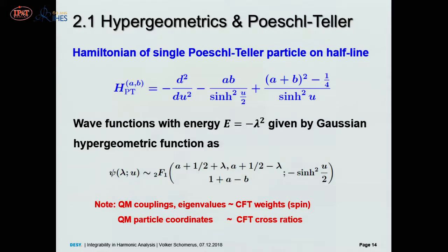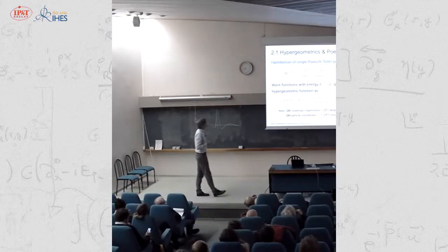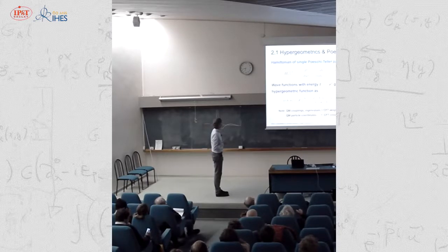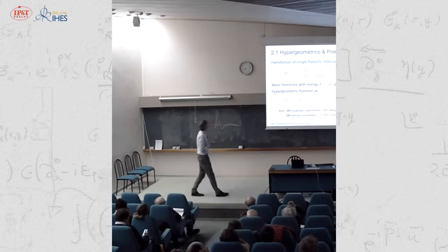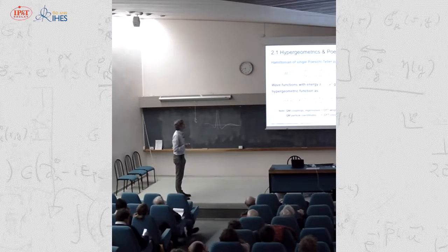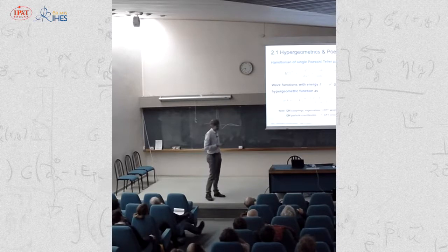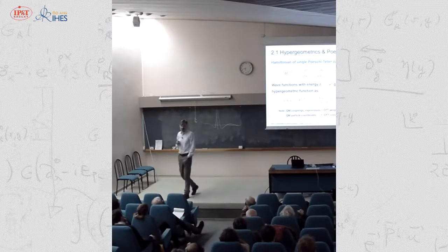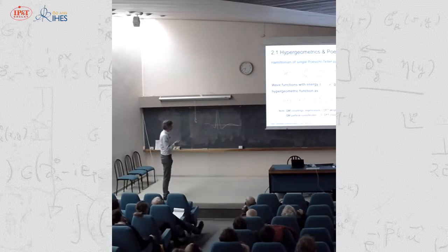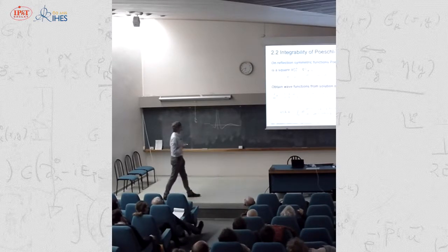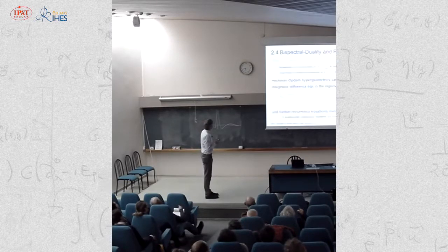You see you have a polynomial in derivatives of U, but the potential depends on exponentials of U. So you expect that when you dualize this problem, you will have something that is an exponential of derivatives in the momenta and a rational function of the exponentials of U.